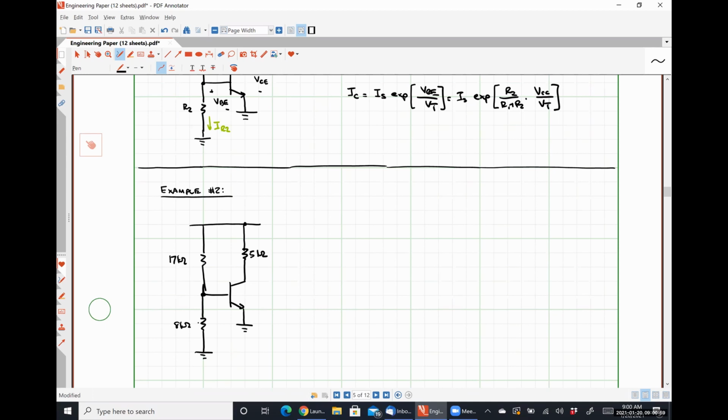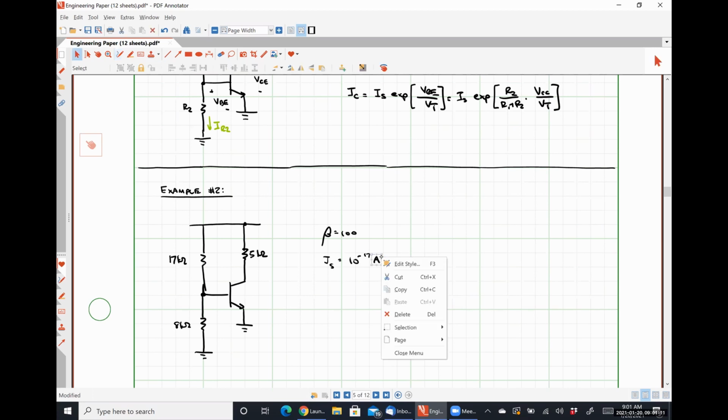And we want to find, let's see, beta is equal to 100. IS is equal to 10 to the minus 17 amps. And we want to figure out what IC is.